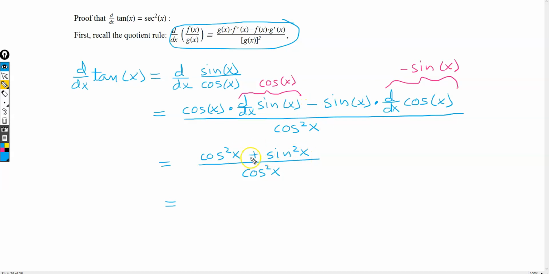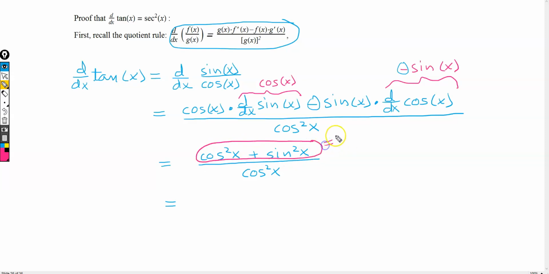Notice the minus changed to a plus because of these 2 minuses here and here canceling each other and giving us a plus. Now remember the trig identity, cosine squared x plus sine squared x is going to equal 1.